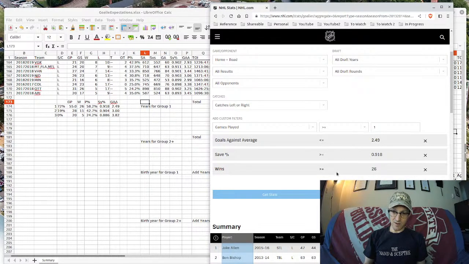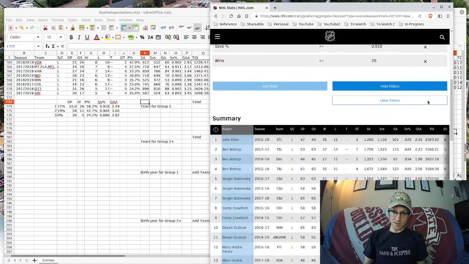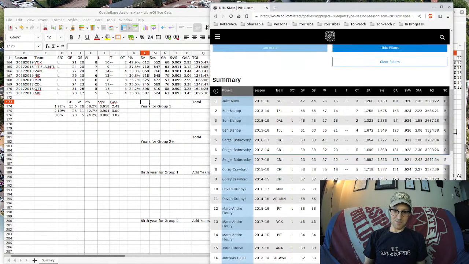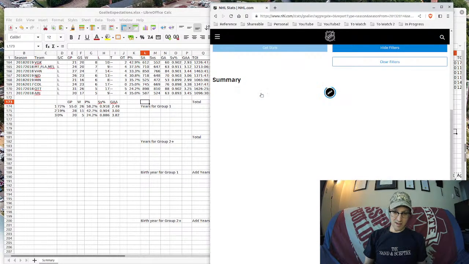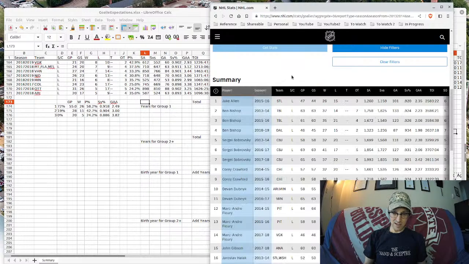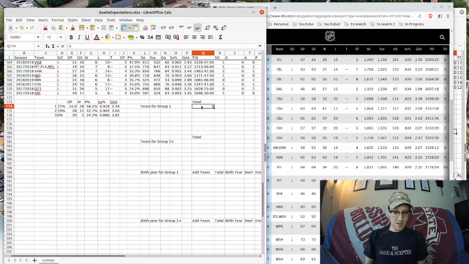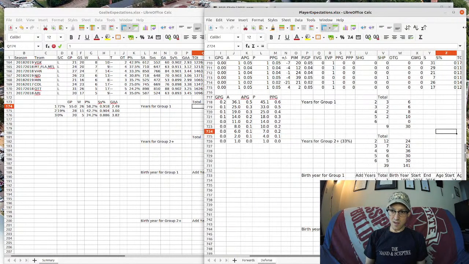Greater, greater, less. So that should be good. There we go. We've got actual results. So we want that, and then the opposite for that. Okay, we've got Bobrovsky is 1 season. How did I do this again?